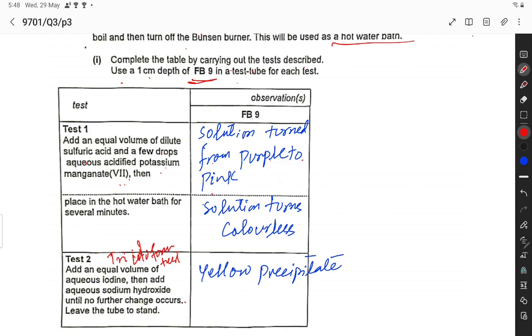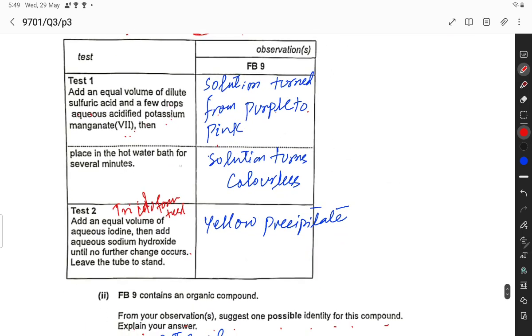FB9 is an alcohol, because acidified potassium manganate oxidizes ethanol to ethanoic acid. When placed in the hot water bath, the solution turns colorless. So it goes from purple to pink, and in the hot water bath it turns colorless.